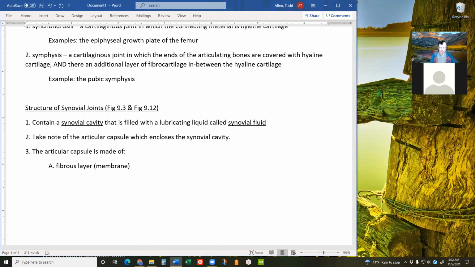The fibrous layer is actually a thickening of the periosteum that covers the compact bone. I'll put it down that way in your notes: the fibrous membrane is an overly thickened region of the periosteum.